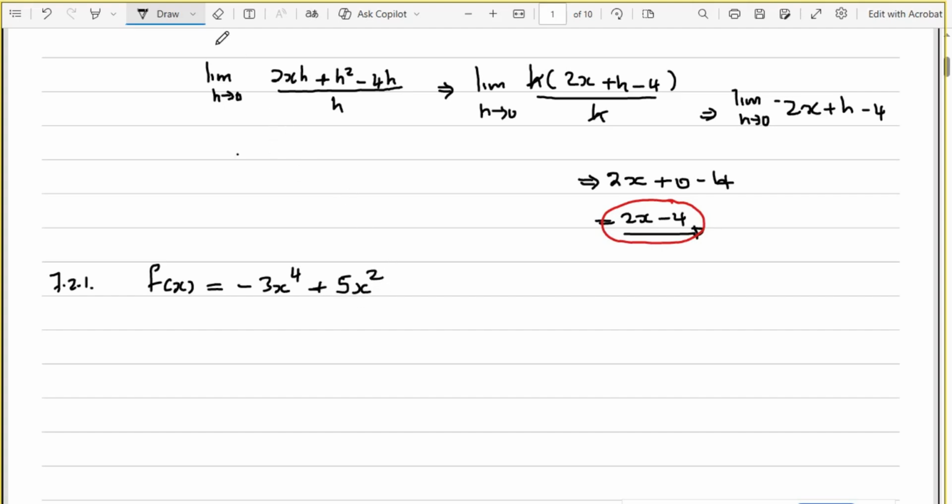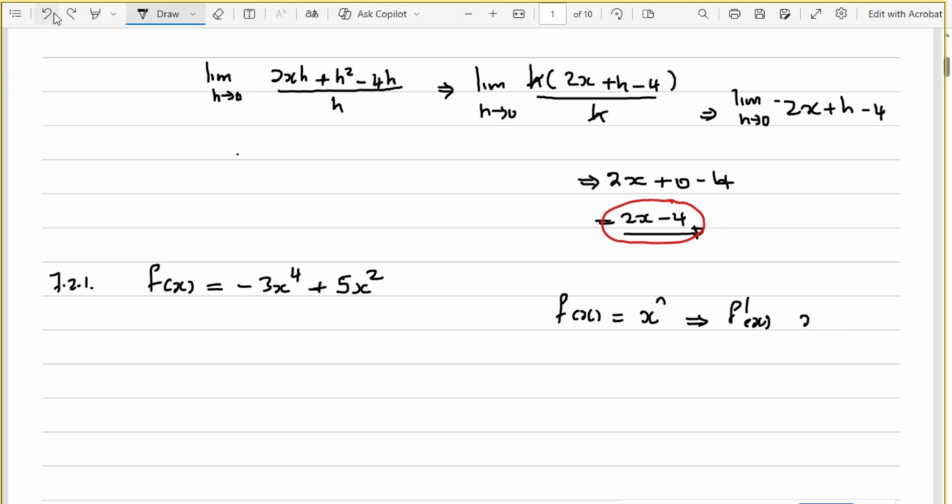The most important rule of differentiating is that if I have f at x to be x to the n, the derivative, f prime of x, will be the n comes down to multiply the coefficient of that x.